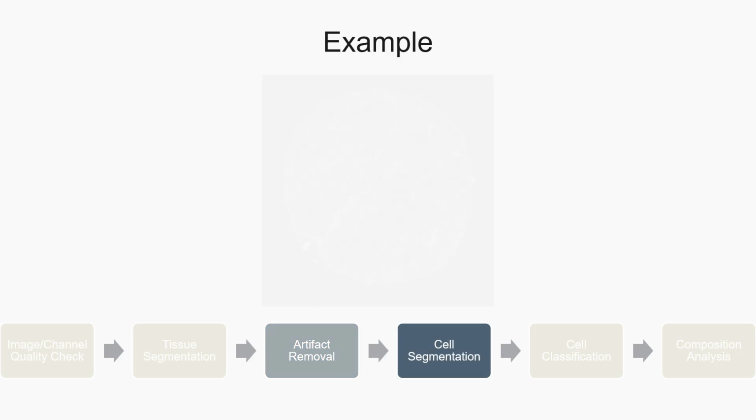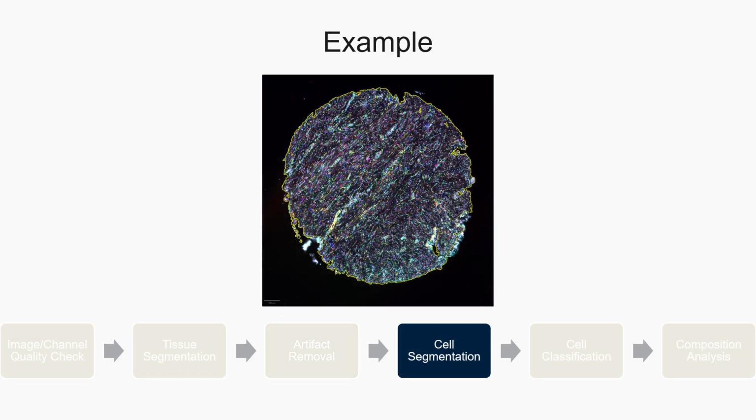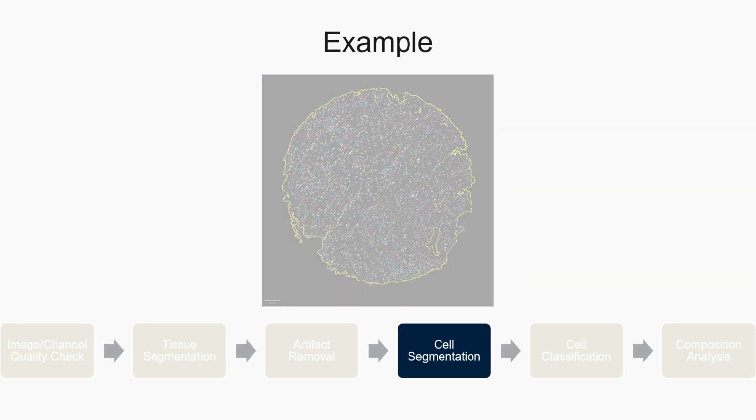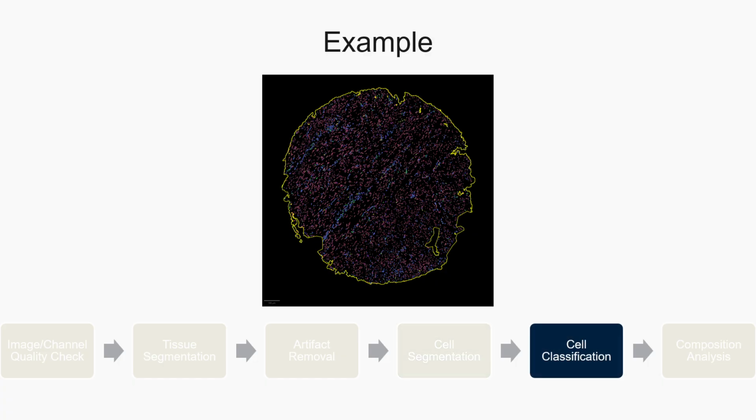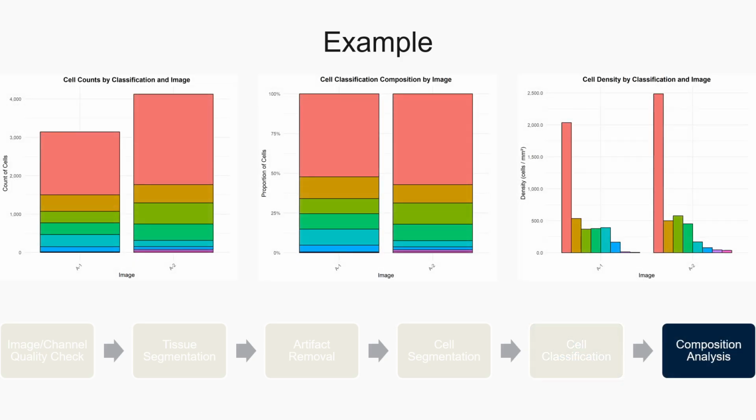From there, we can refine our tissue area and then perform cell segmentation, where individual cells are identified within those tissues or tissue compartments. Those cells are then classified or phenotyped, and then this is what we can measure as our cell composition analysis and compare between the different tissue compartments or tissue areas.